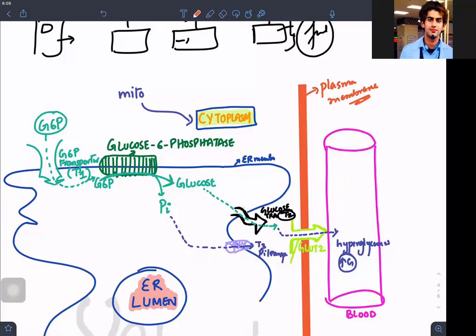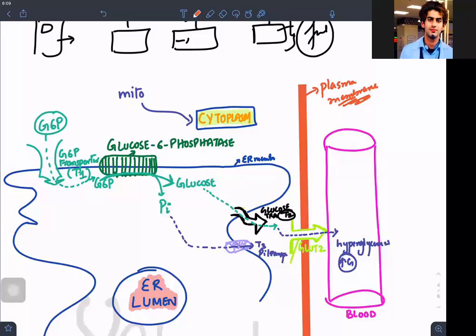That is a part of surgery actually, but I taught you the basics. So the plasma membrane should have GLUT2, so that glucose can come out and help the starving tissues in the body.